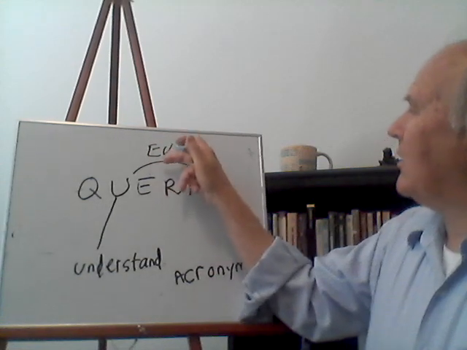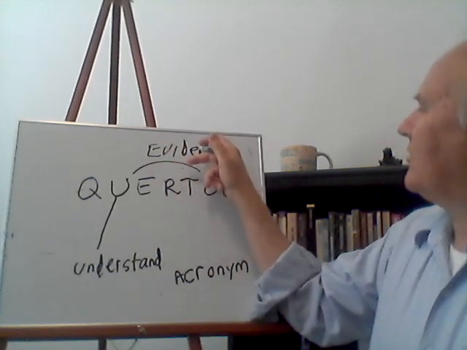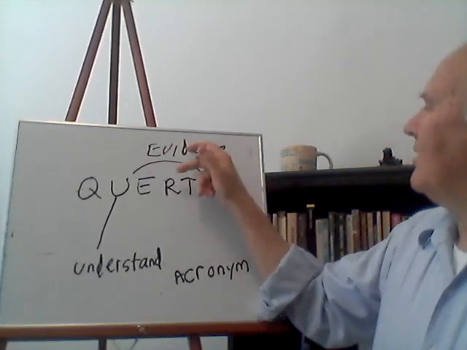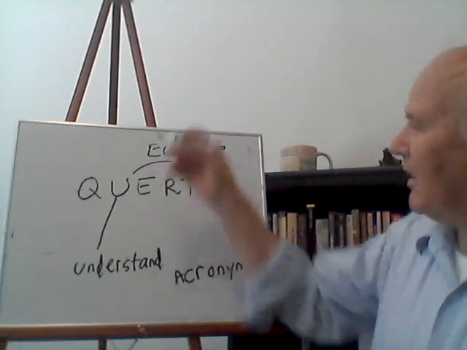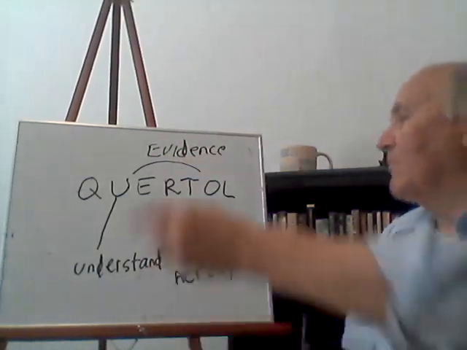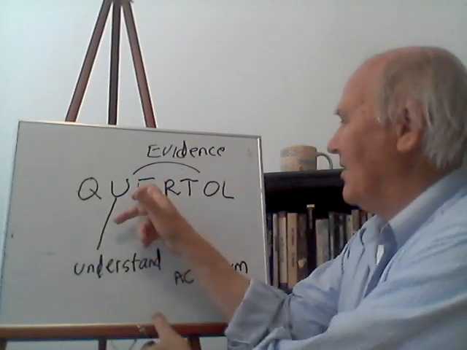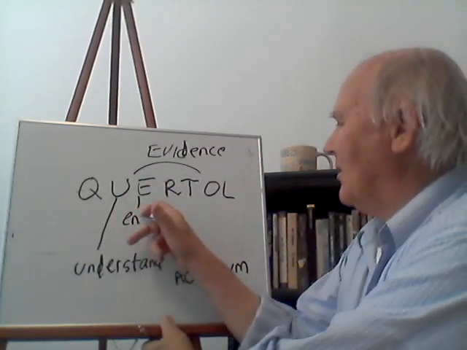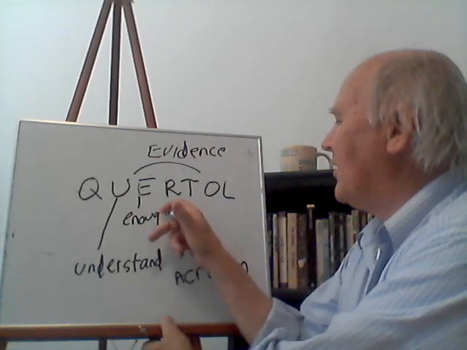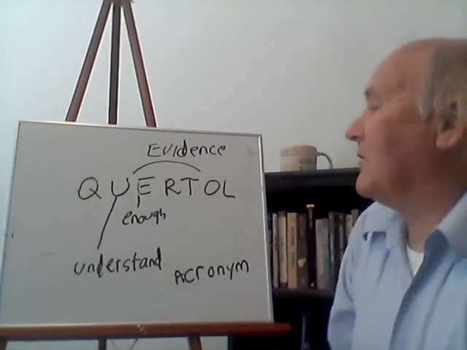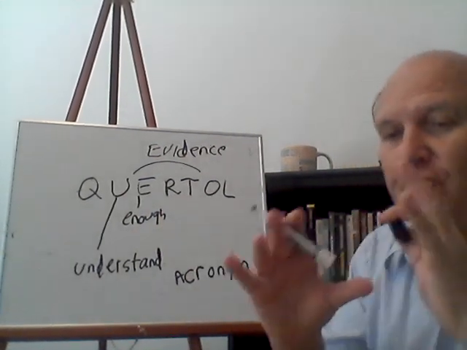E, R, and the T refer to evidence. So in every argument, you are presenting evidence to support a conclusion. The E refers to enough evidence. Basically the principle is, the more evidence, the better. Think of a jury trial.